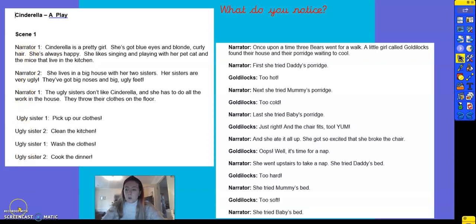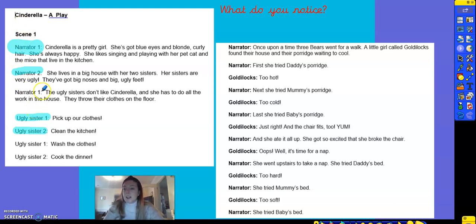What do you notice about what comes at the start of each sentence? What can you see? Hopefully you've spotted that at the beginning of each sentence it tells us the character's name. So here we've got narrator 1, narrator 2, ugly sister 1, ugly sister 2.